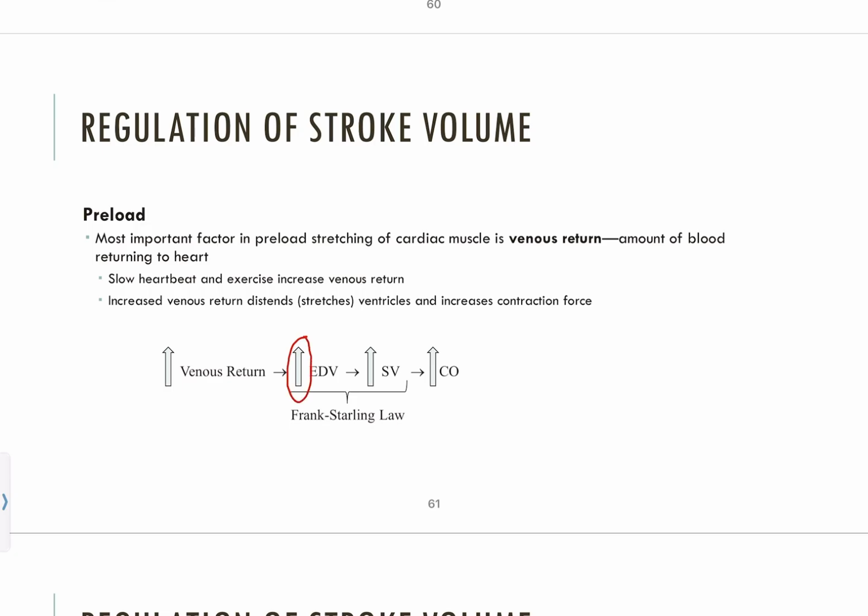The more blood that we have in our ventricles before contraction, the more we're going to be able to push out during contraction. So we're going to increase our stroke volume as well. The relationship between the EDV and the SV is what's referred to as the Frank-Starling law. If we increase our stroke volume, we're going to increase our cardiac output, because cardiac output is equal to heart rate times stroke volume.